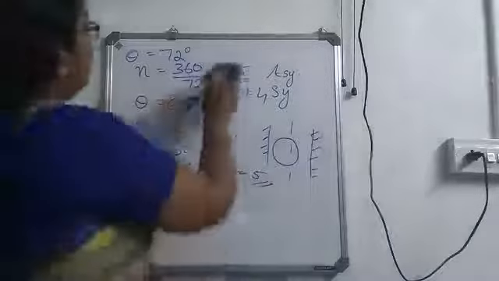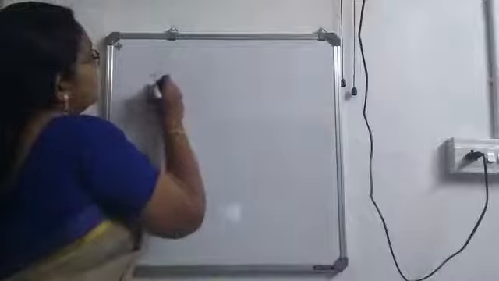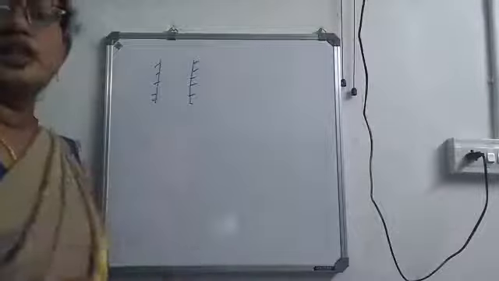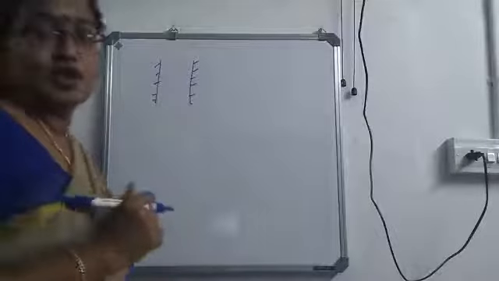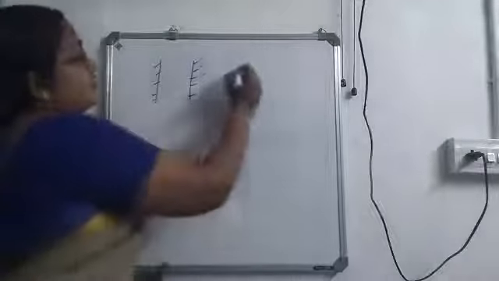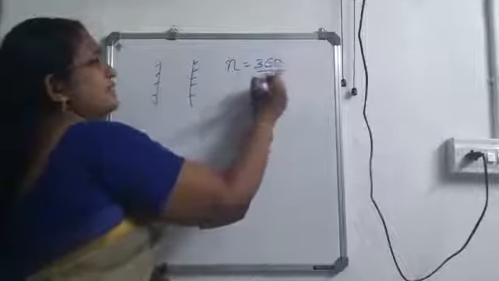Now we will check how many images are formed if we are keeping the two mirrors parallel to each other. If we keep the two mirrors parallel to each other, and in between them we keep an object, then how many images will be formed? So what's our equation? n is equal to 360 by theta, isn't it?